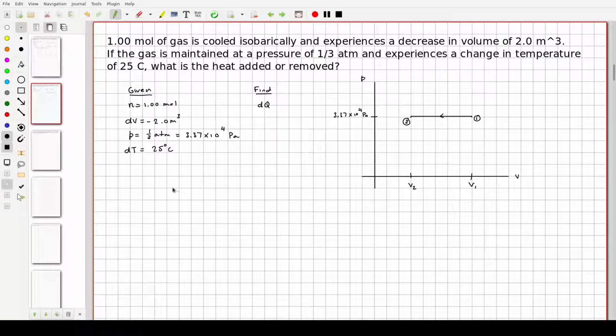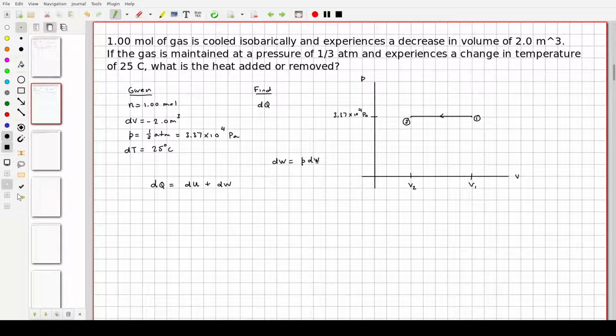So here, again, we want to use the first law of thermodynamics. Thankfully, we're dealing with an isobaric gas, which means dW here is a constant pressure times a change in volume.